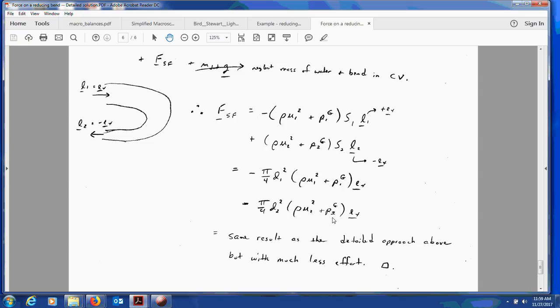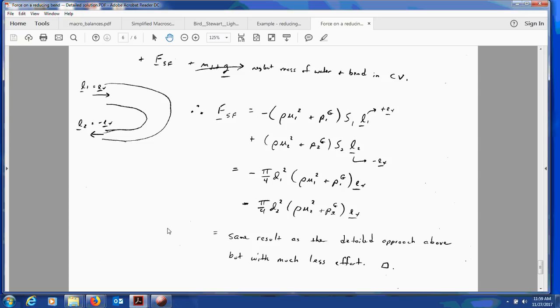So I strongly encourage you to become familiar with the simplified form of the macroscopic mass and momentum balances and how to apply them, since this will greatly facilitate your ability to solve homework and exam problems involving macroscopic balances.